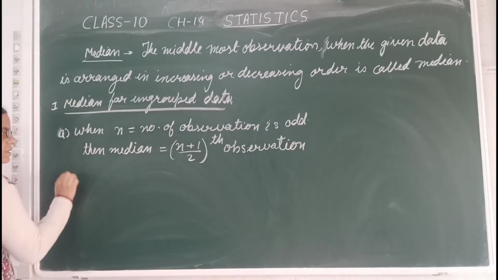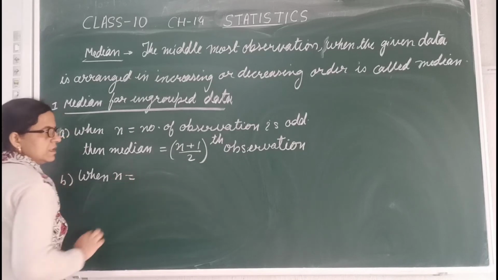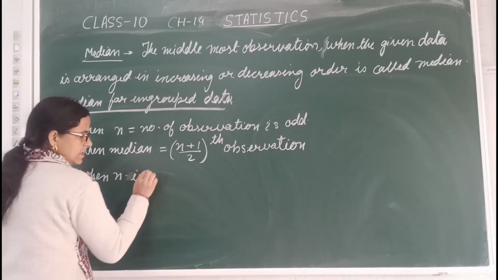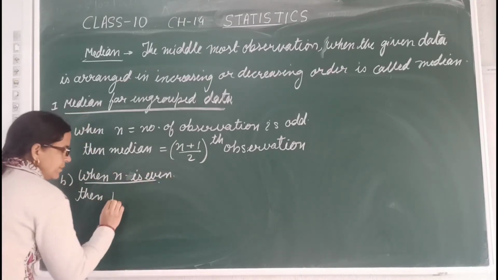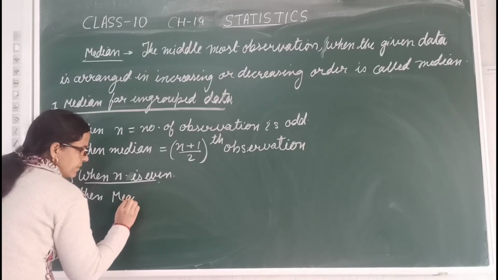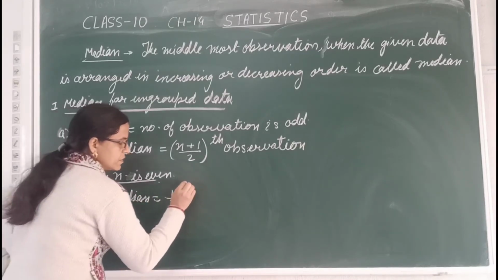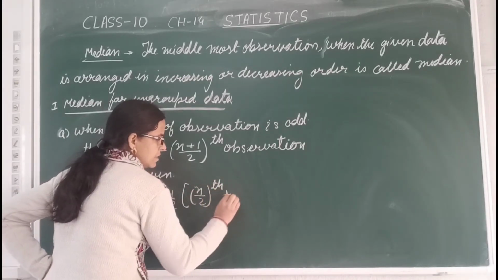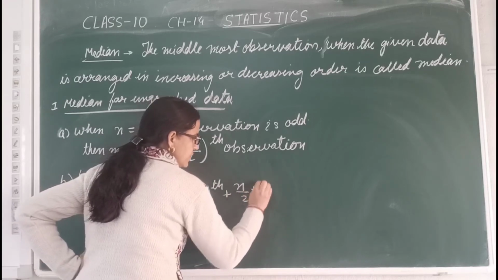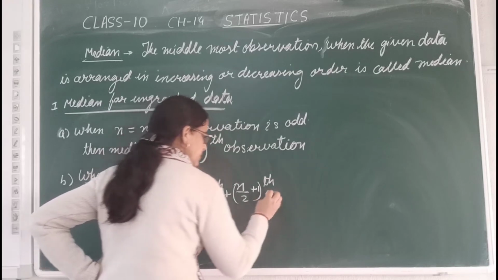And number B, when n is even, then median equals half of n by 2th plus n by 2 plus 1th observation.